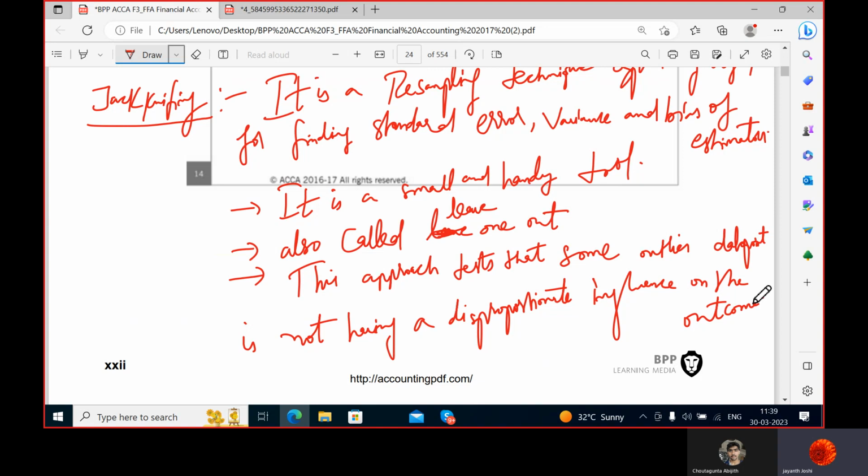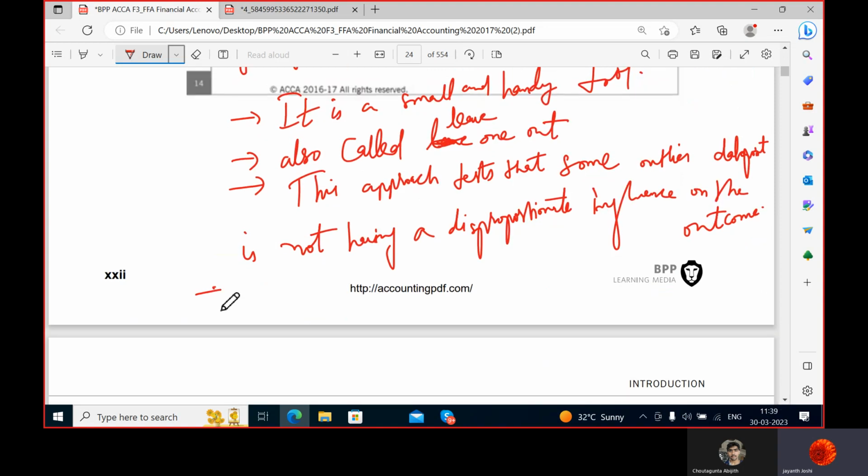Now the next thing: the jackknife deletes each observation and calculates an estimate based on the remaining n minus 1 values.